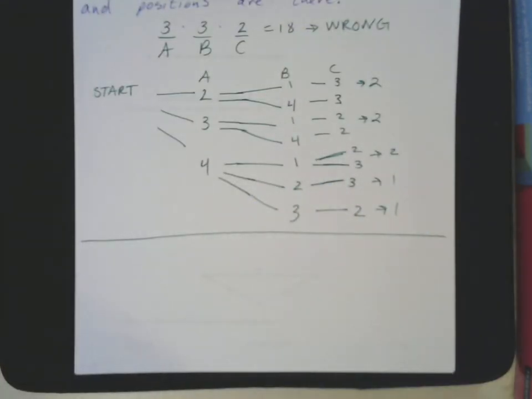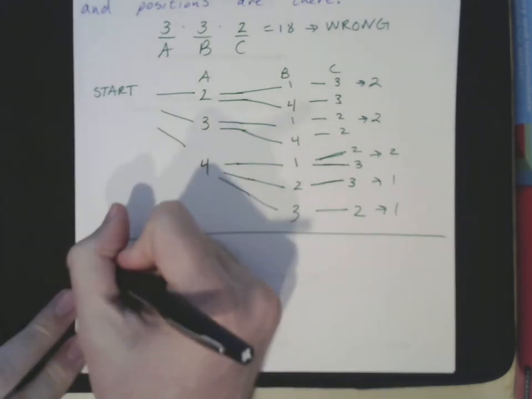When we're talking about the multiplication rule in general, though, we're almost always talking about permutations.